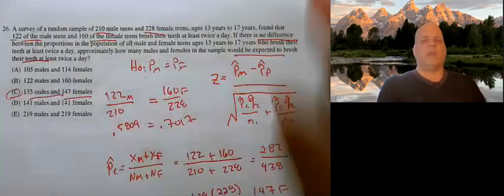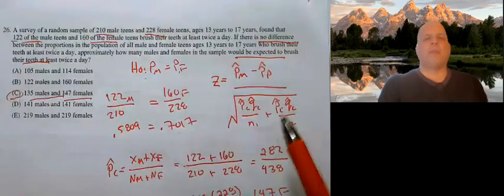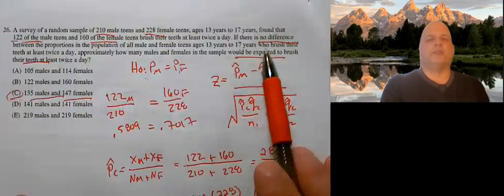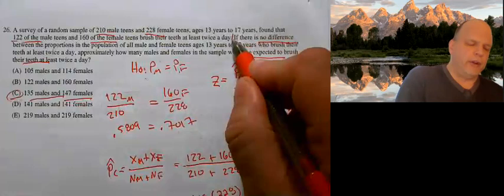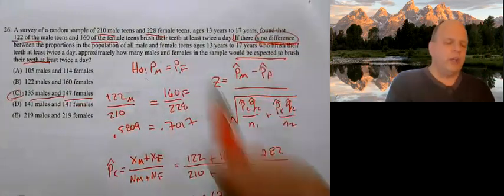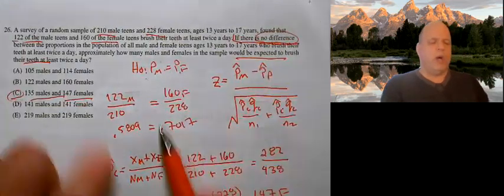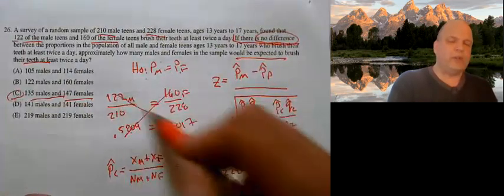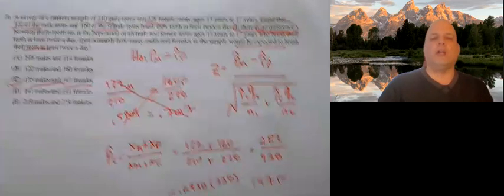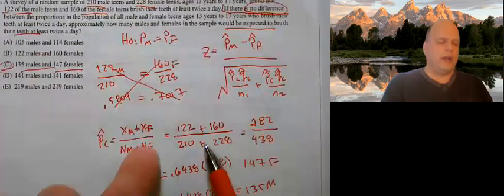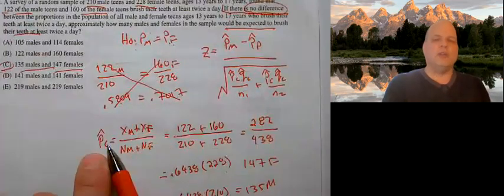Once again, how many males is... the trick here is they said, if there is no difference, and it's like, oh, no difference. They're claiming they're equal. Well, I went and checked, and clearly they weren't. So this was a complete waste of my time. But if I go with the assumption that they're equal, then I have to combine them using this formula.